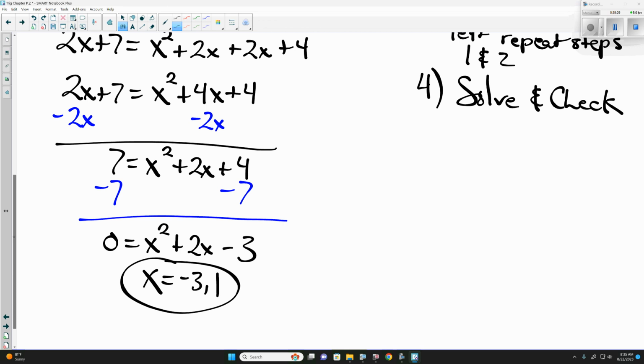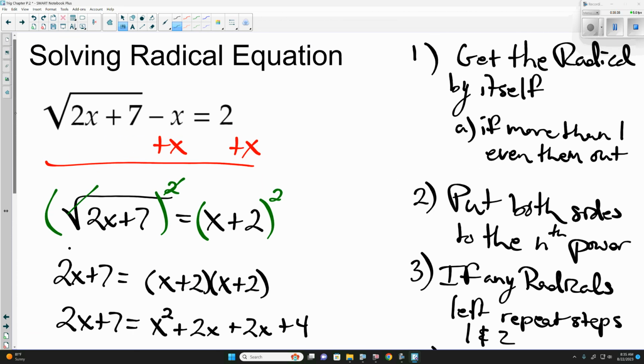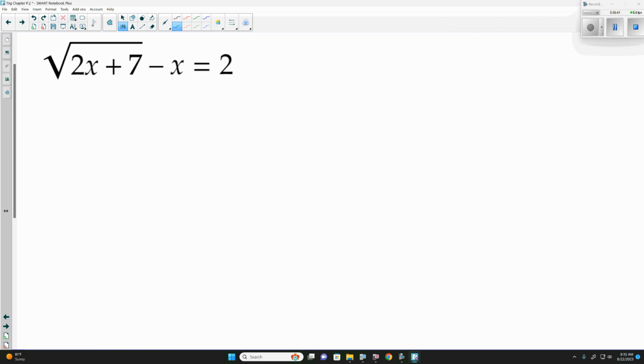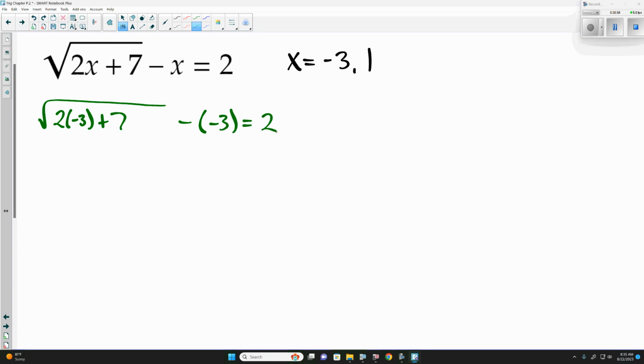So we did do half of step 4, we did solve it, but the last thing we need to do is check it. And the main thing we're checking is to make sure that we don't get a value of x that would be problematic. As we said, x is equal to -3, comma, 1. So we'll try -3 because there's a good chance it's going to cause issues. 2 times -3 plus 7 minus -3 is equal to 2. 2 times -3 is -6 plus 7 minus -3 is +3 equals 2. -6 plus 7 is 1.